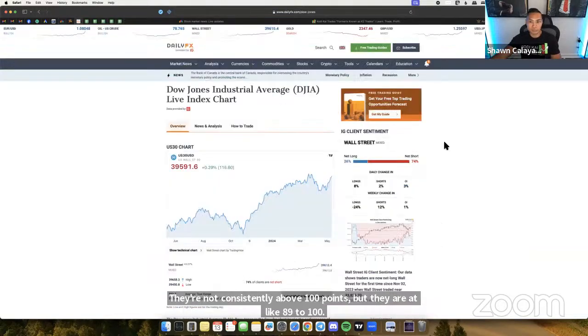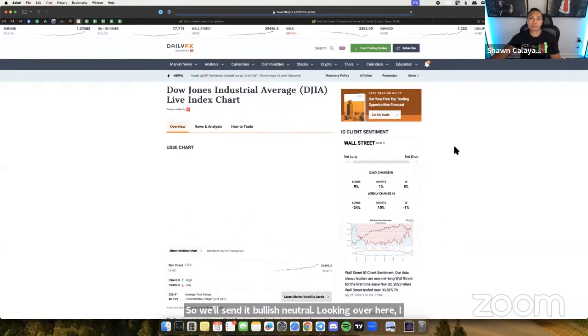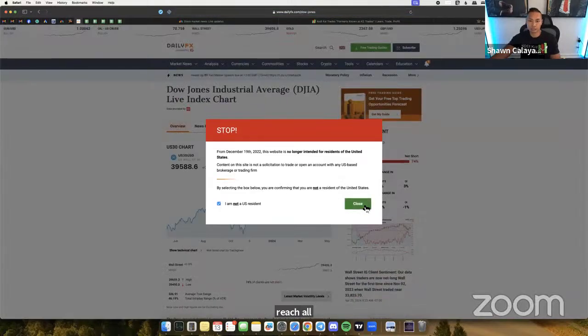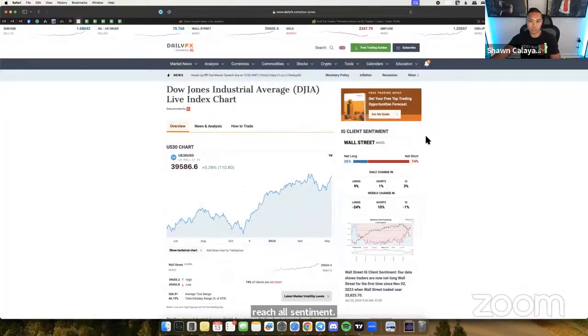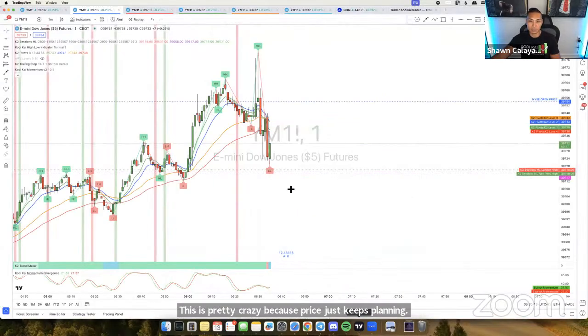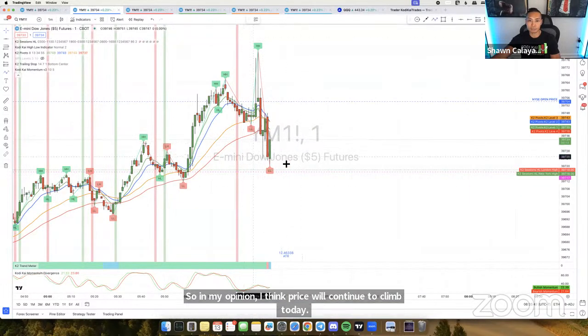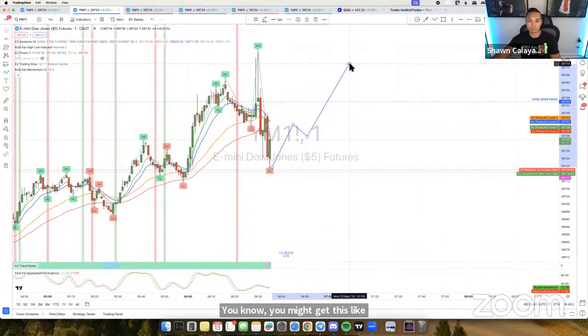Looking over here at retail sentiment, the retail sentiment is still very high, as you guys can see over here. Retail sentiment is currently 74% short. This is pretty crazy because price just keeps climbing. So in my opinion, I think price will continue to climb today. You might get a bearish push slightly, and then price will correct back up with time. I think eventually price will swing back up.